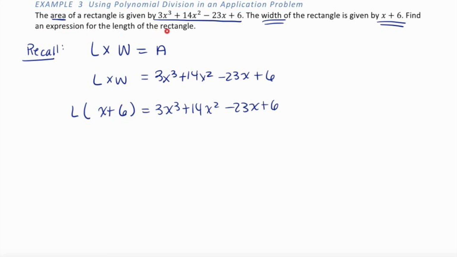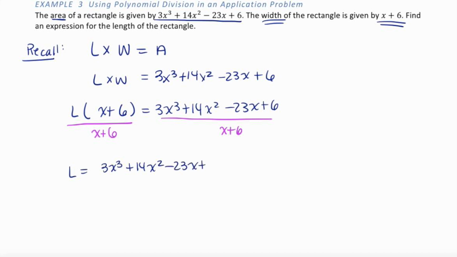Let's find an expression for the length of the rectangle. So we start by dividing both sides by x plus 6. And we end up with L equals 3x cubed plus 14x squared minus 23x plus 6 divided by x plus 6.